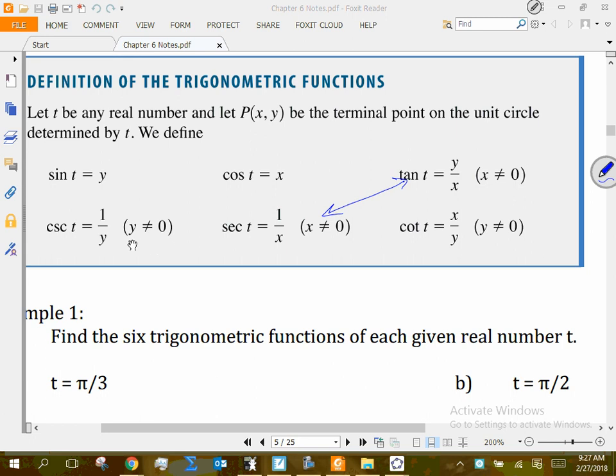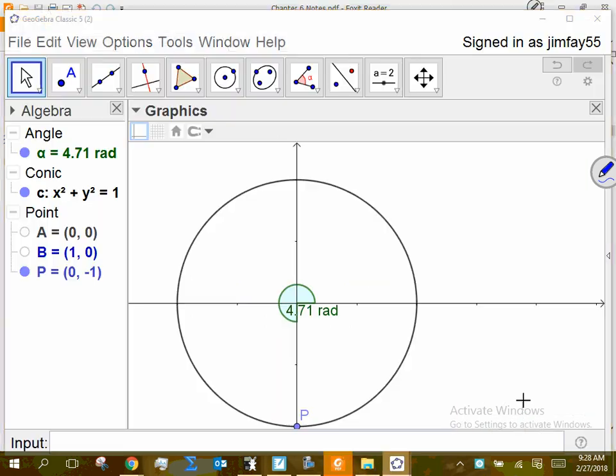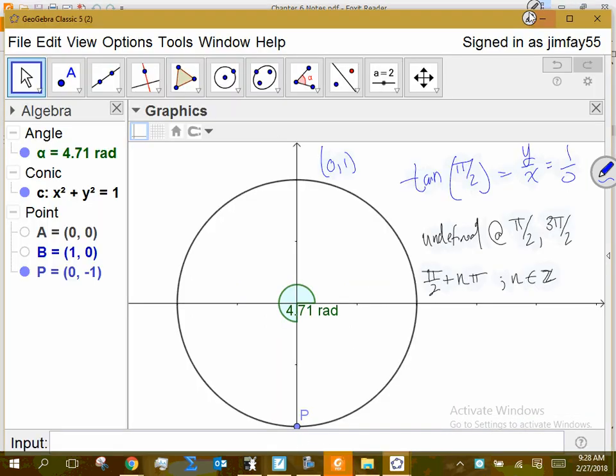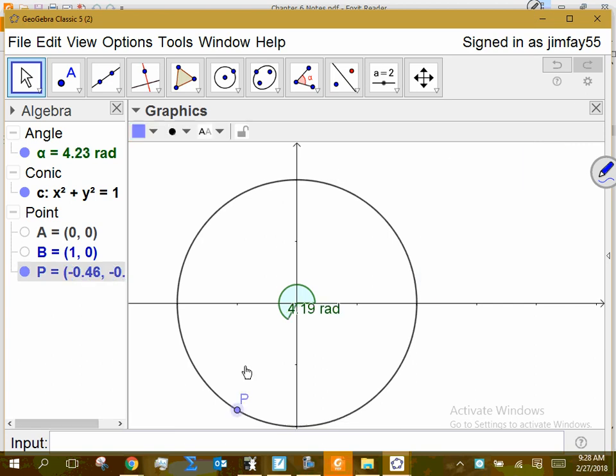These two, the cosecant and the cotangent, they both have y as a denominator. So that's where y cannot be 0. On the unit circle, where is y 0? At what points? Yeah, okay. There at either 0 or 2 pi, however you want to phrase that. And then over here at pi, right?